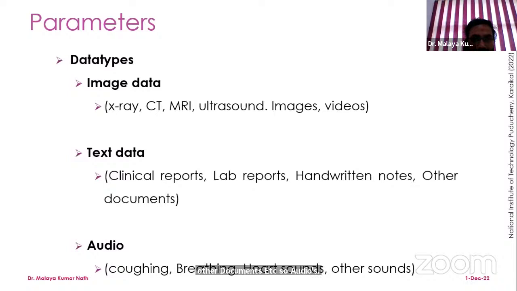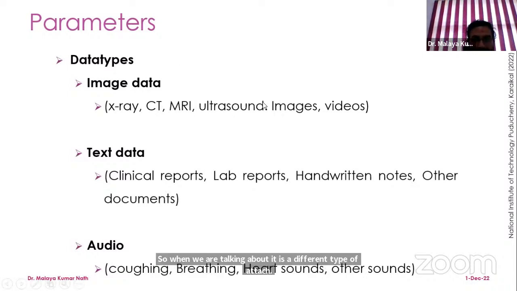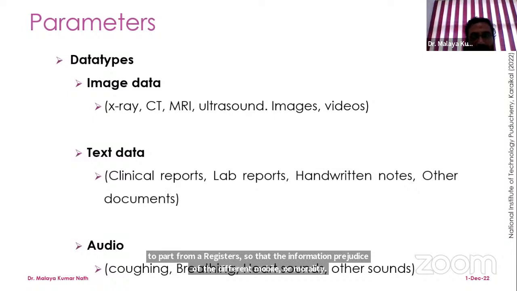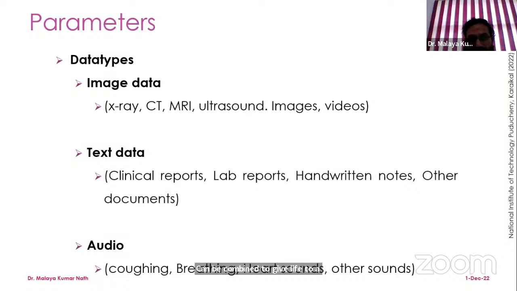So when we are talking about these different modalities, that is X-ray, CT, MRI, ultrasound, we have to perform registration, such that the information present in the different modalities can be combined to give a better representation to identify the disease or the stage of the disease.